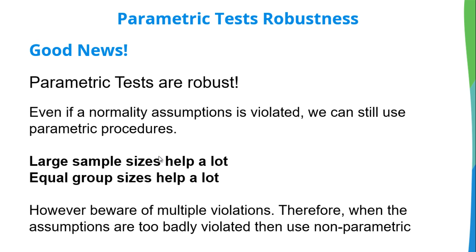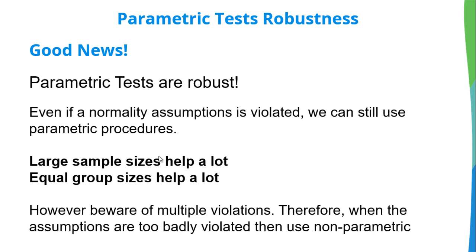Or you have age groups, maybe children, adults, and elders. Those three groups must be of equal size. That will help make your parametric test more robust, because when group sizes are not the same, it affects the results. So you have to take care of that.